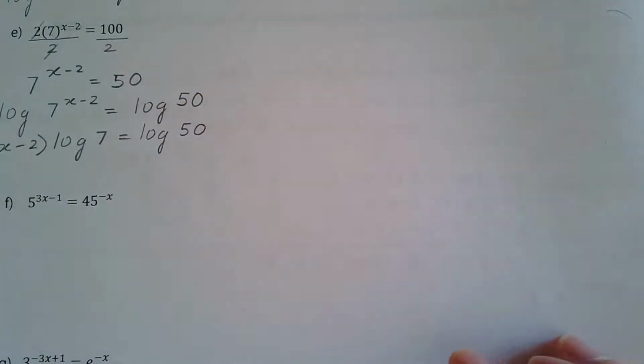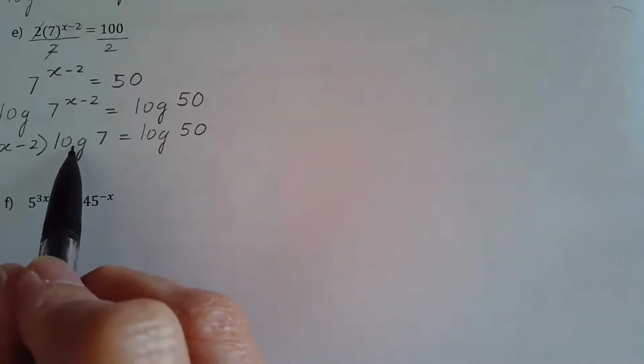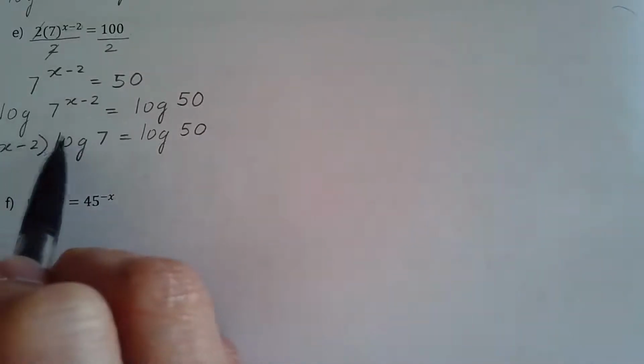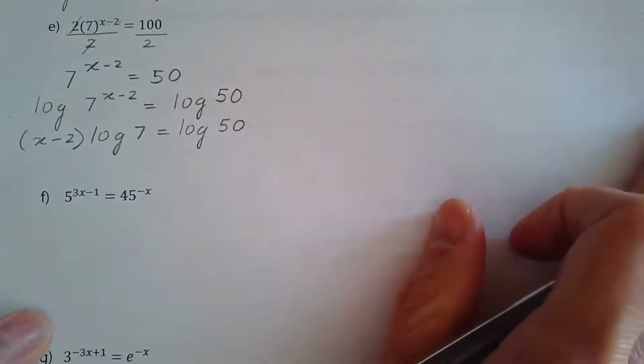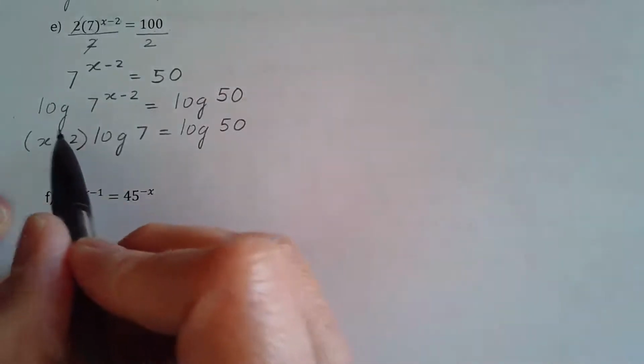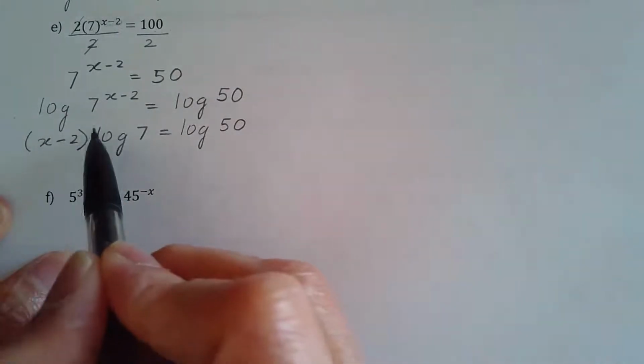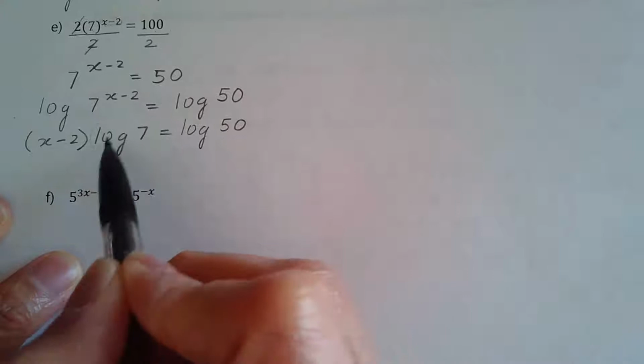Okay, awesome. So now we can do the expansion in here. So x minus 2 times logarithm 7. Multiply it in.